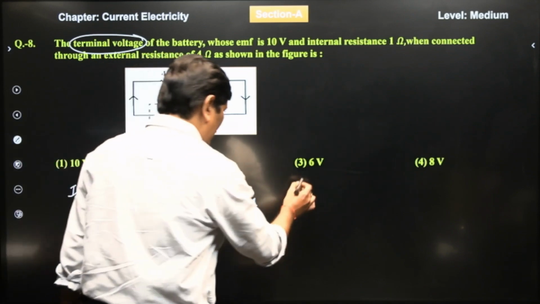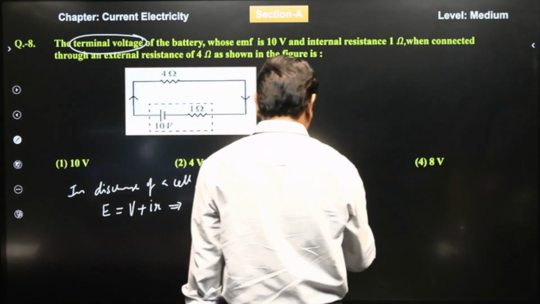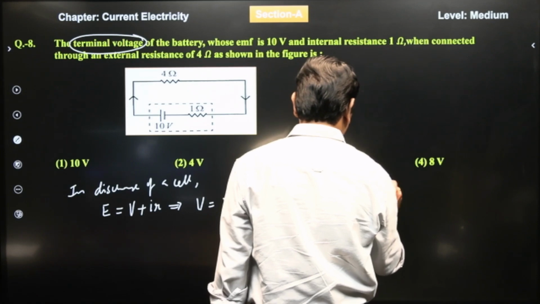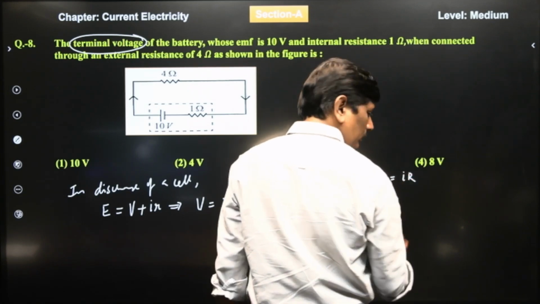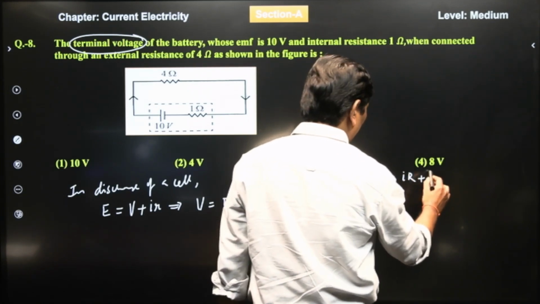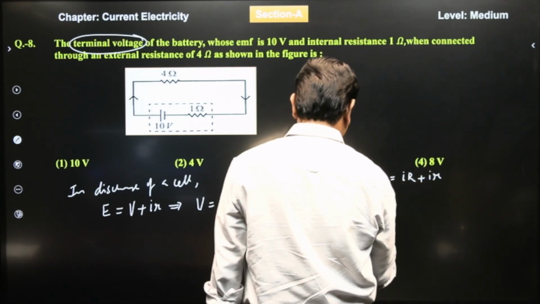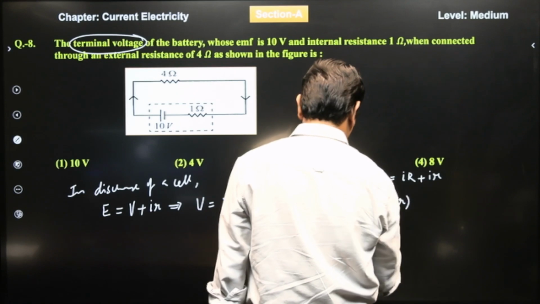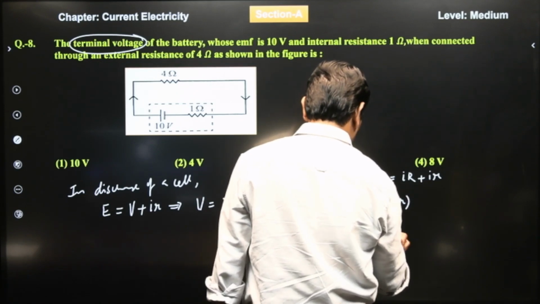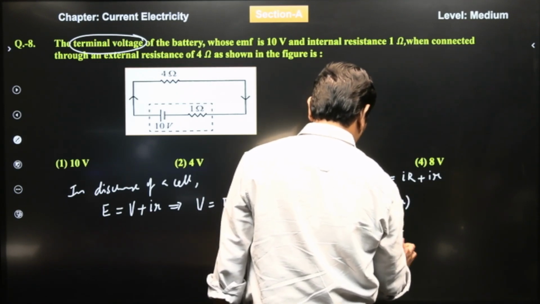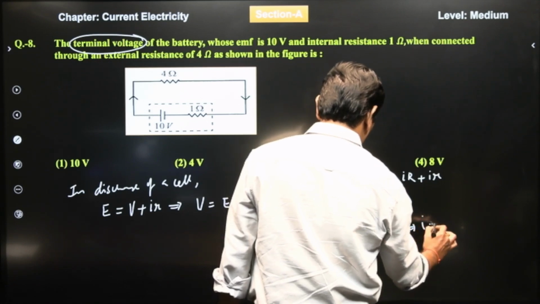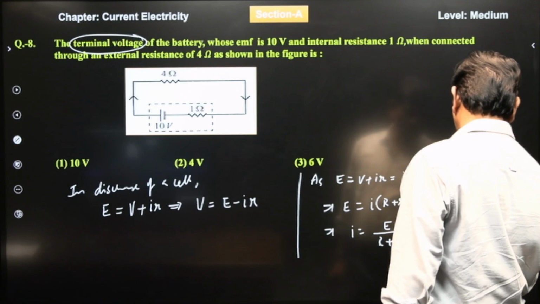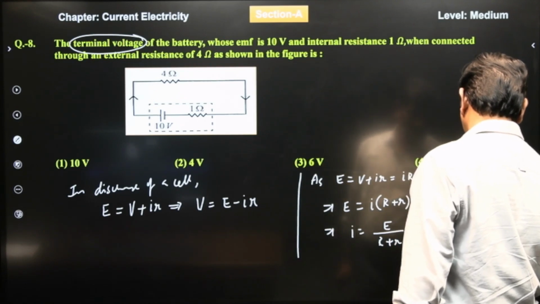While finding that I, use the same relation as E is equal to V plus Ir. V means I into capital R plus I into small r. You will have E is equal to I into capital R plus small r. So, you can find I is equal to E divided by capital R plus small r. So, what is that I? 10 divided by, that will be 4 plus 1, 5.